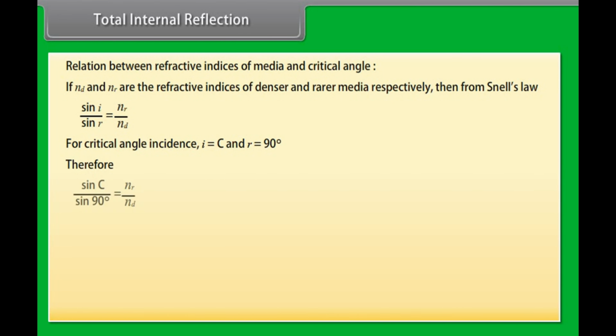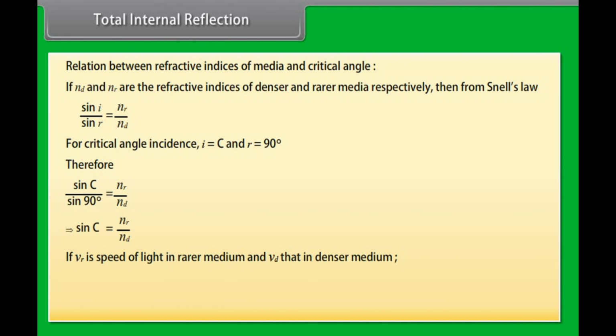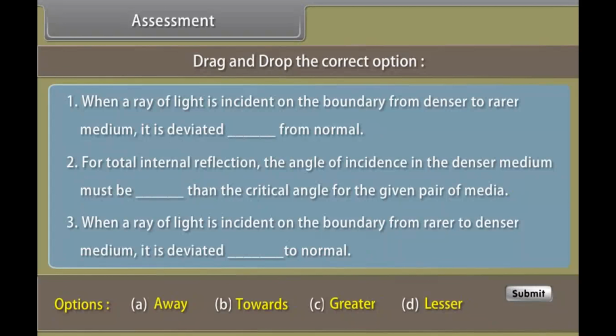Therefore, sin C by sin 90 degrees is equal to nR by nD. It implies sin C is equal to nR by nD. If vR is the speed of light in the rarer medium and vD that in the denser medium, then sin C is equal to vD by vR.